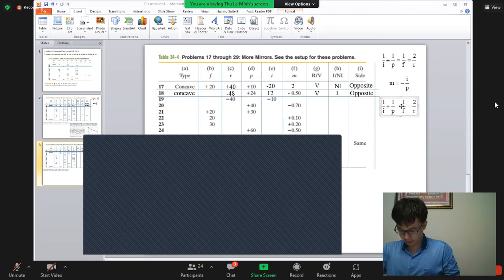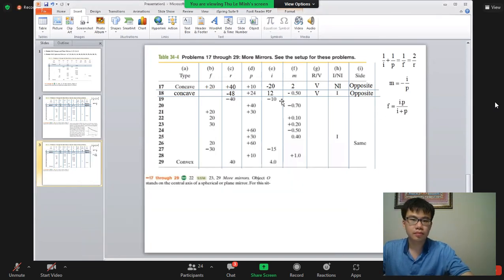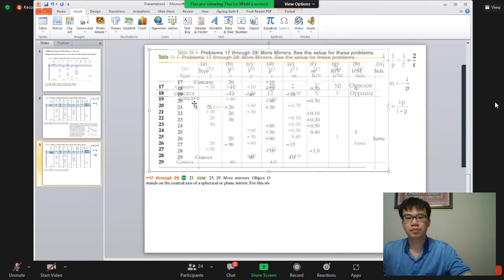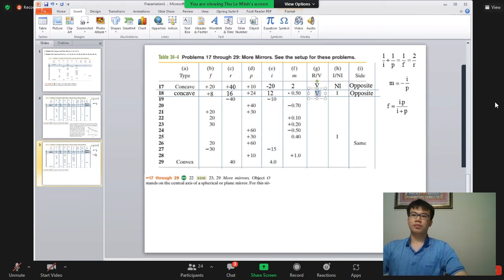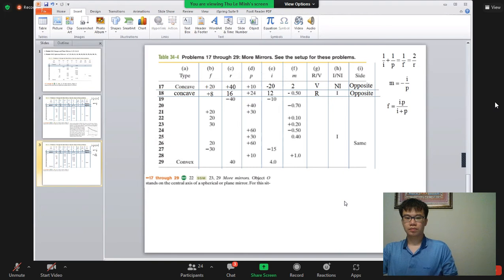And we got here 48, right? Yes, 48. And then it should be 16. And how about this, is this a real image?